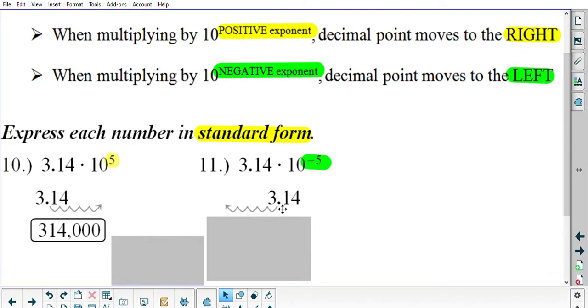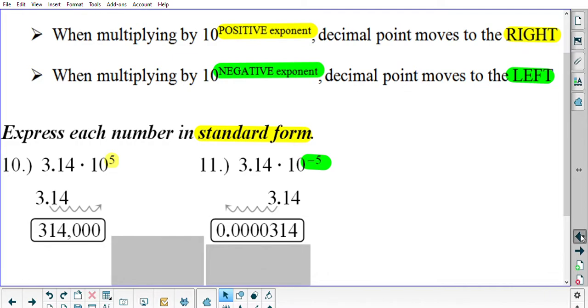Now, the first of those 5 spaces is moving past the 3, but there's 4 more spaces to the left of that. So that's going to be 4 zeros between where the new decimal point is going to go and where the 3 is located. So, like you'll see it right here, 4 zeros, then 314, 0.0000314. And that is this number written in standard form.